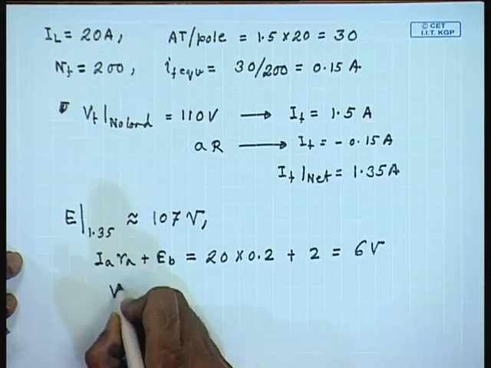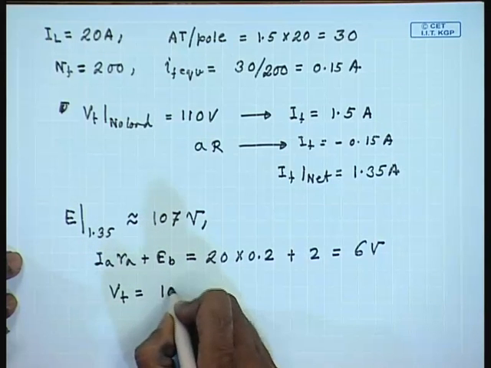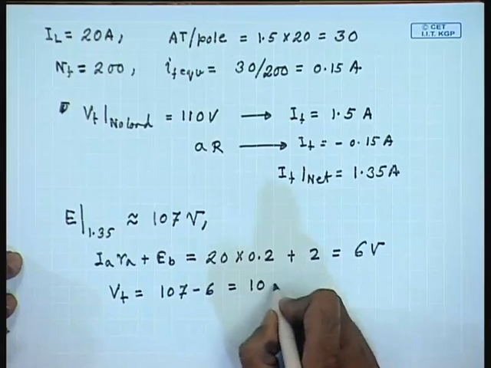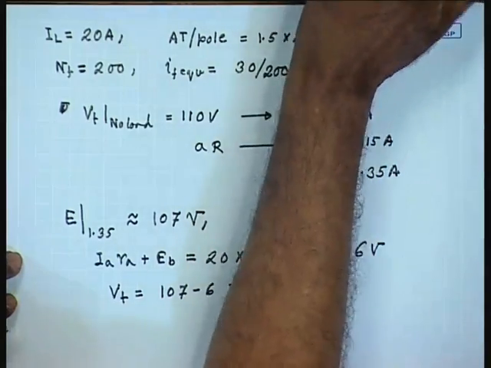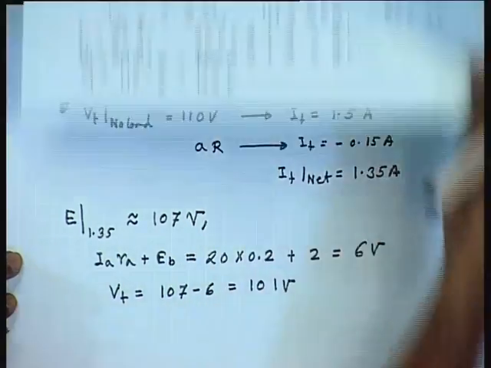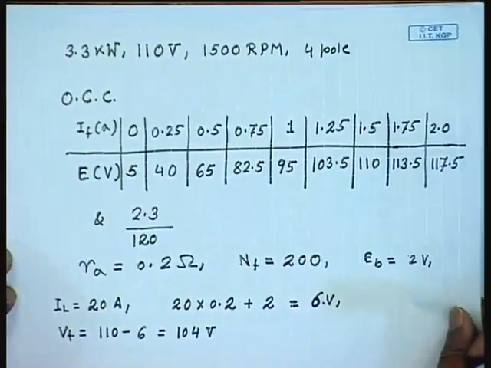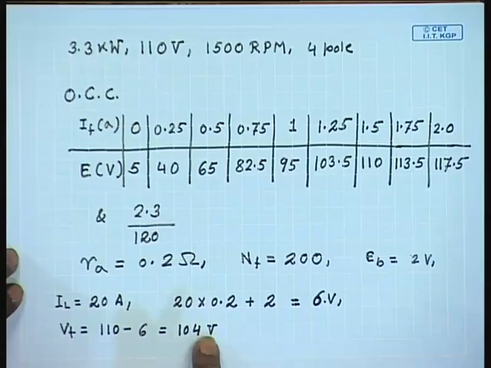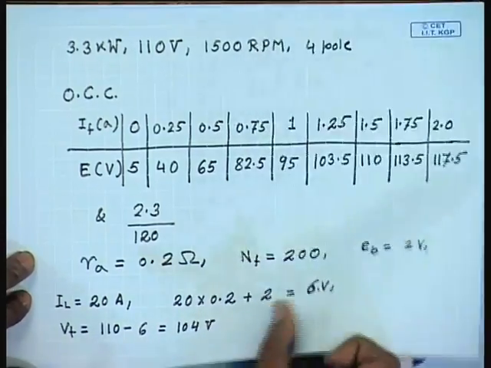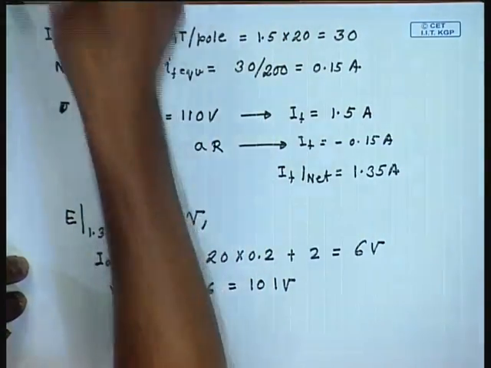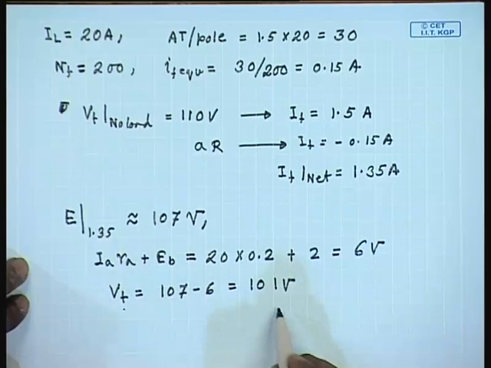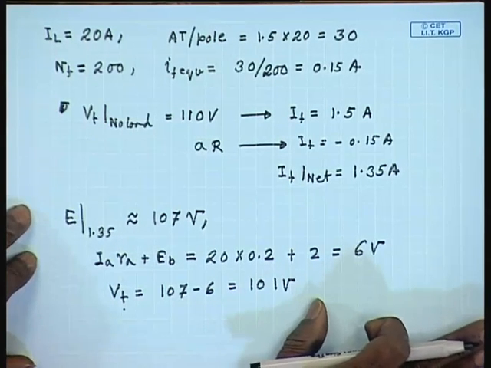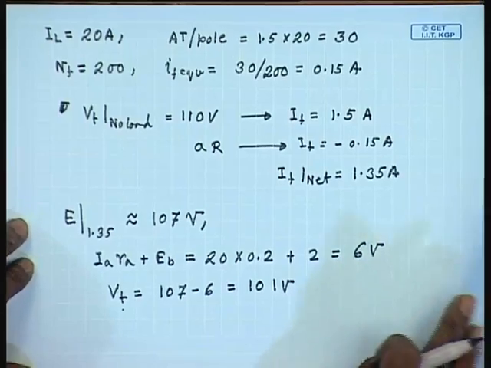Therefore, the terminal voltage Vt will be equal to 107 minus 6 equal to 101 volts. Therefore, without considering armature reaction, we are getting a terminal voltage of 104, but when armature reaction is included, the terminal voltage for the same load current drops to 101 volt. This is the effect of armature reaction.